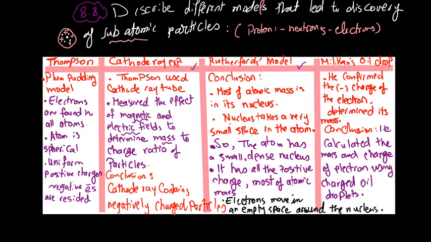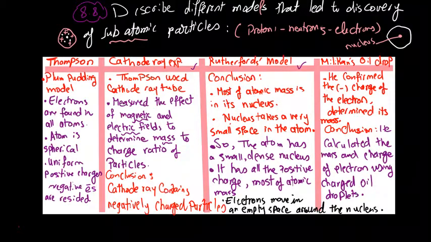So if we say that the atom is so huge, the nucleus just occupies a very small part in its center. And this means that most of the atom is vacant space. So the atomic mass is concentrated in this very small part, which we call the nucleus.